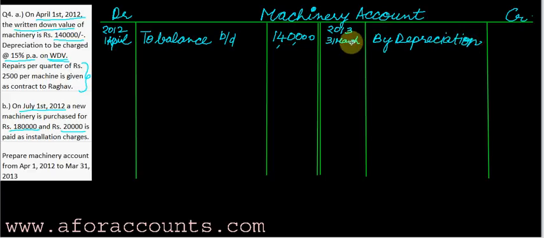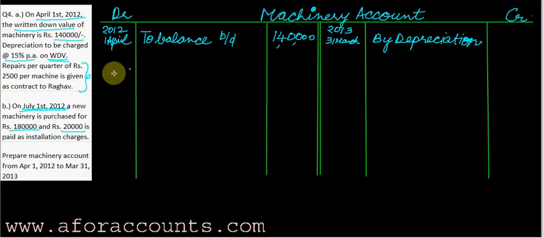Is anything happening before 31st March? On July 1st, 2012, a new machinery is purchased. Okay, so first I should get that machinery also into my books so that I can apply depreciation on old machinery and the new machinery.